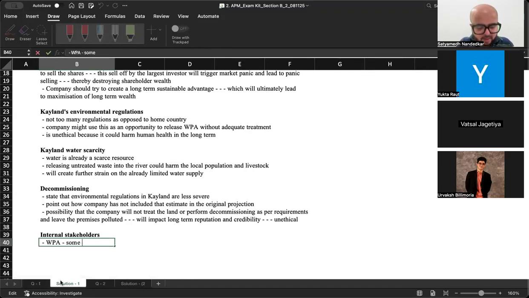WPA, some scientific evidence of potential health issues. अभी आपको क्या बोलना है यहाँ पे? So, cost incurred for treatment.